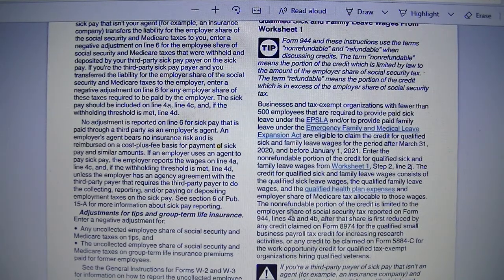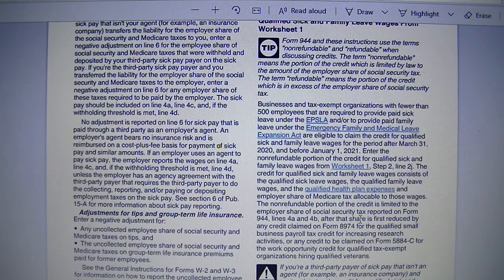The non-refundable portion of the credit is limited to the employer share of Social Security tax reported on Form 944, line 4a and line 4b.